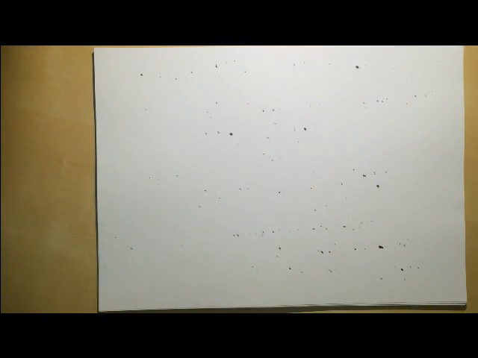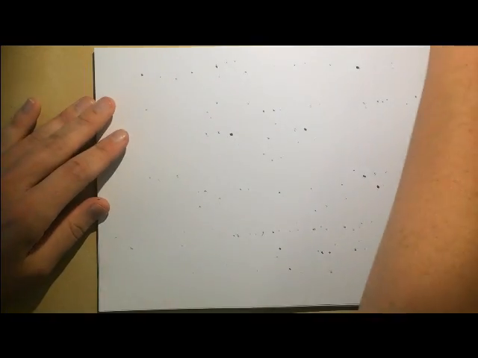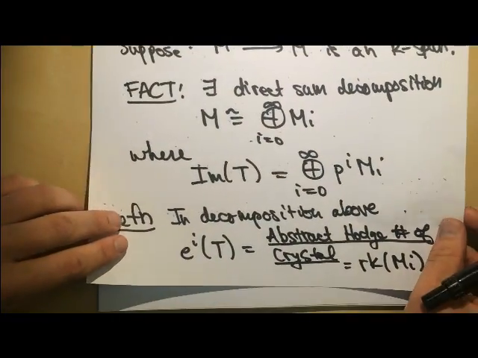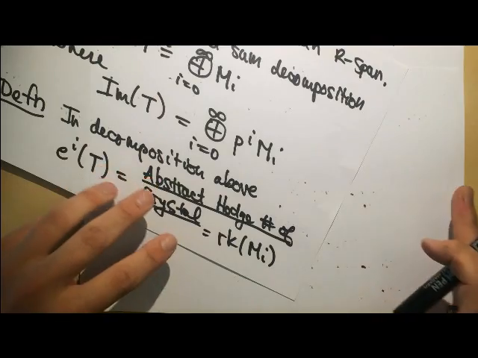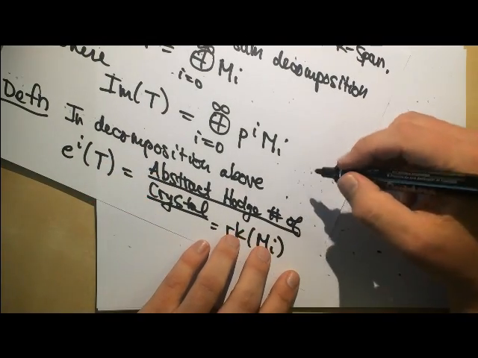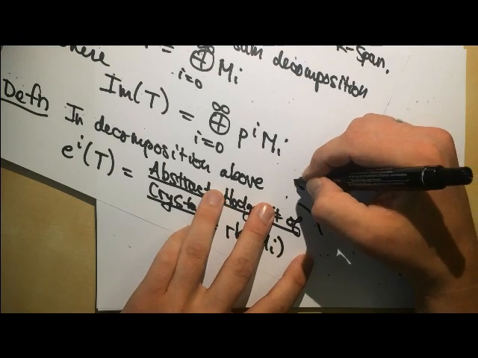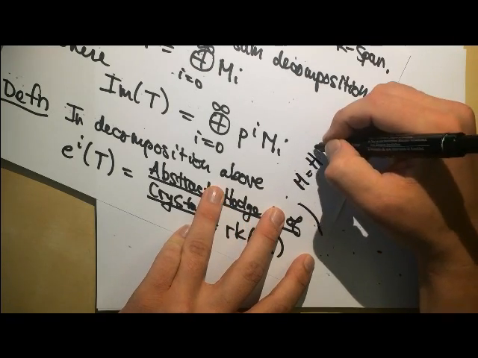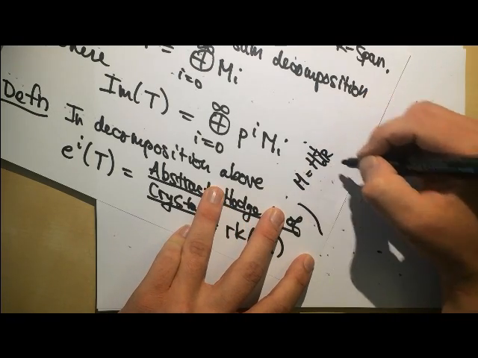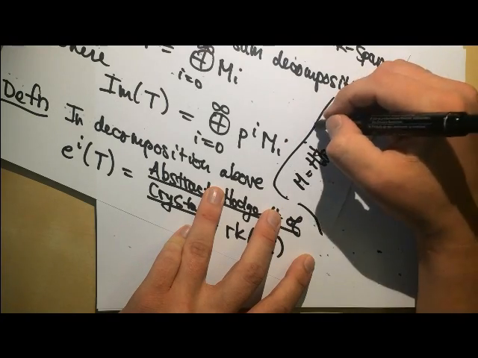So you shouldn't think too much about this being the Hodge numbers. I guess if you do want to think about this in terms of Hodge numbers, what you should think is that M is going to be something like H^j, maybe de Rham cohomology. This is how you should think about it.